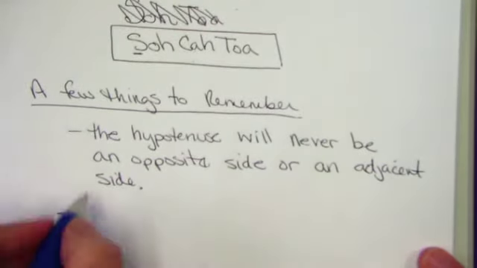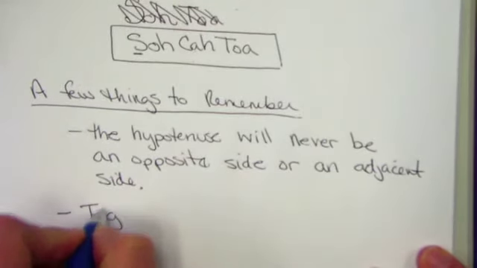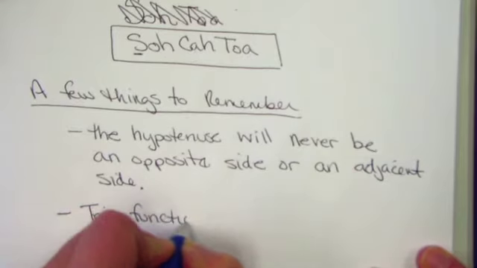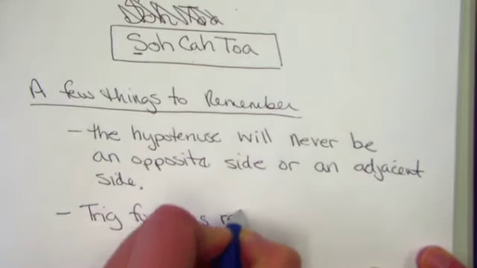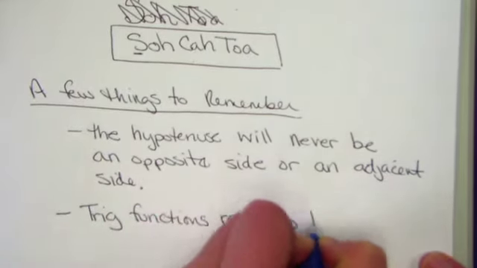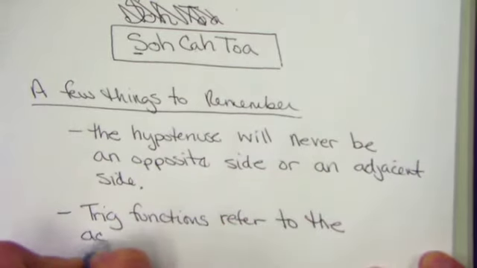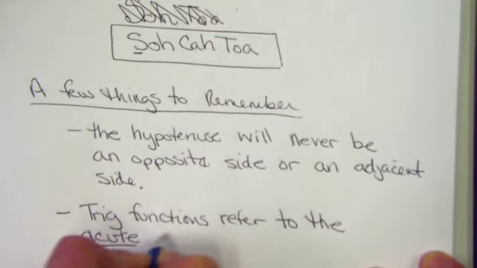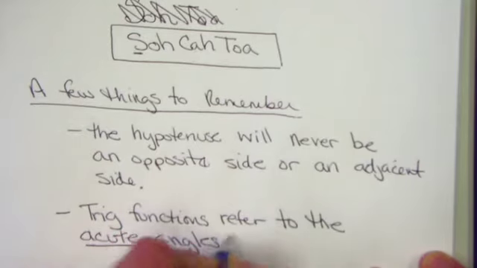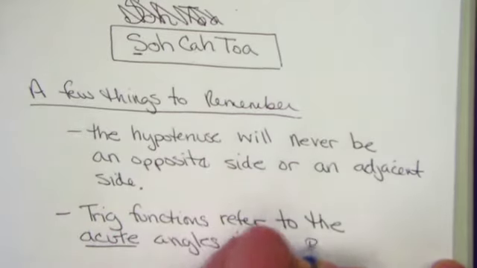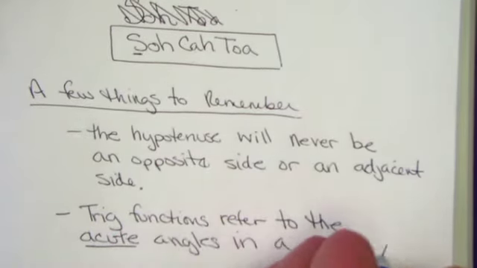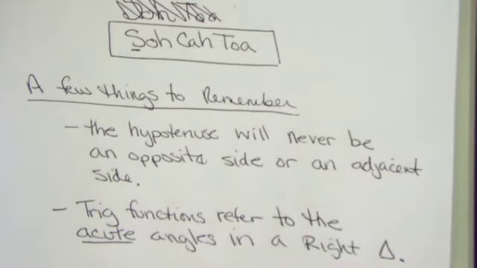Also, trig functions refer to the acute angles in a right triangle. So we are never going to ask you in this unit what the sine, cosine, tangent is of a 90-degree angle.